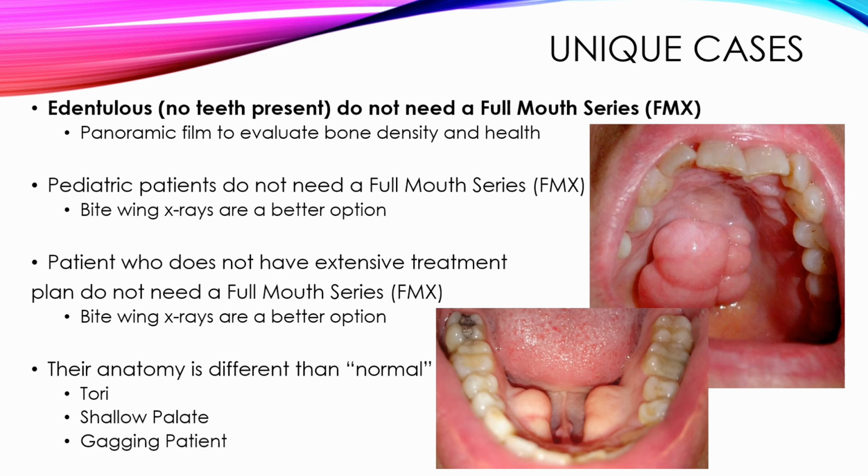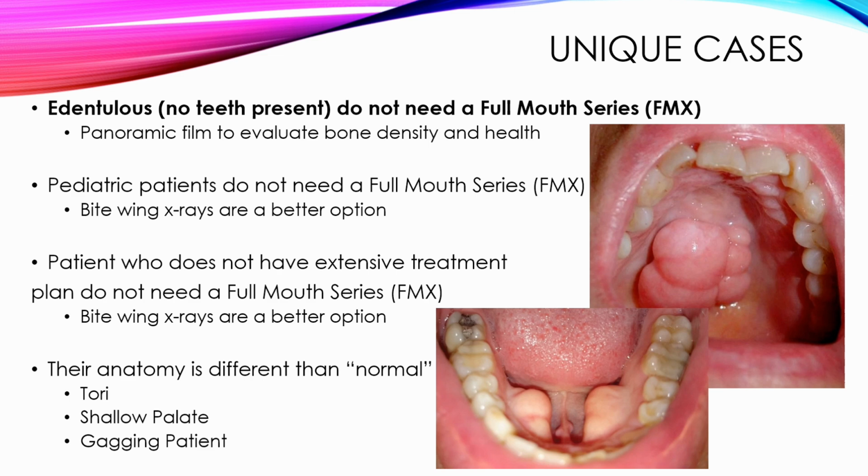When we look at these pictures on the screen, evaluating a patient's anatomy is equally as important. In these pictures, we have torus palatinus or torus mandibularis, which is just a hard bone structure on the palate or on the mandible.